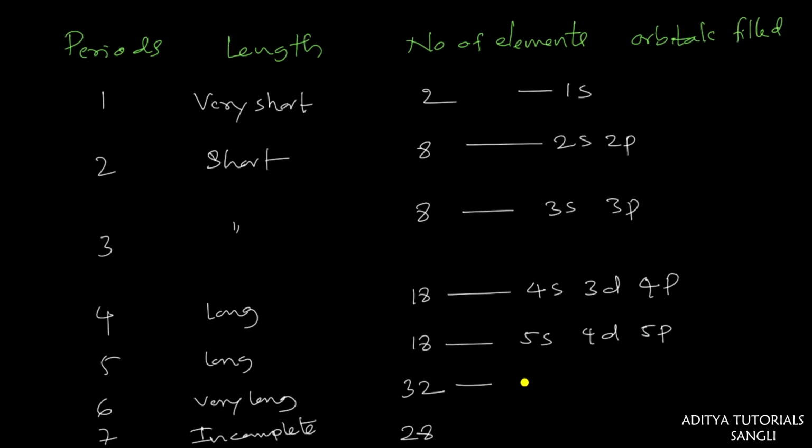In the sixth, which is quite important, 6s, 4f, 5d and 6p orbitals are filled. The last one is 7s, 5f, 6d and 7p orbitals. So in short, this is what we explained here.